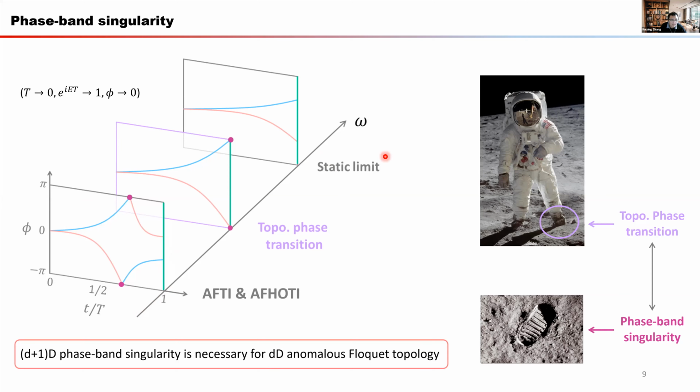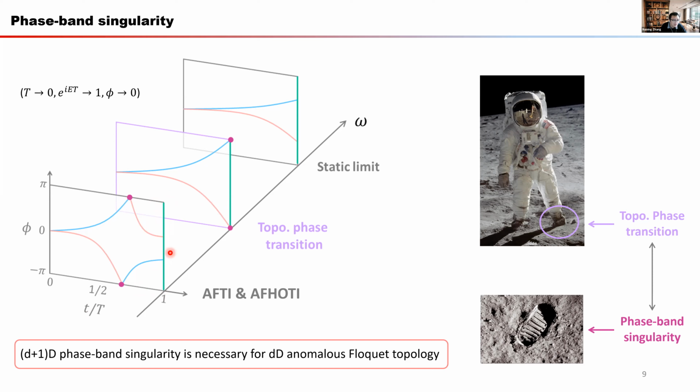On the other hand, as we start to increase the driving frequency, we start to stretch the phase band, namely we are pushing this singularity further towards the positive time direction. This green line here shows the special moment where small t equals capital T. When the phase band intersects with the green line, the spectrum living at the intersection is exactly the Floquet spectrum.